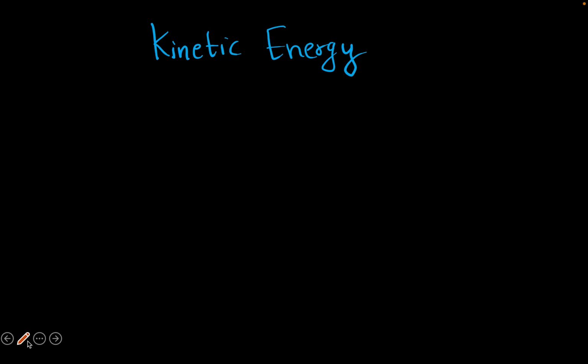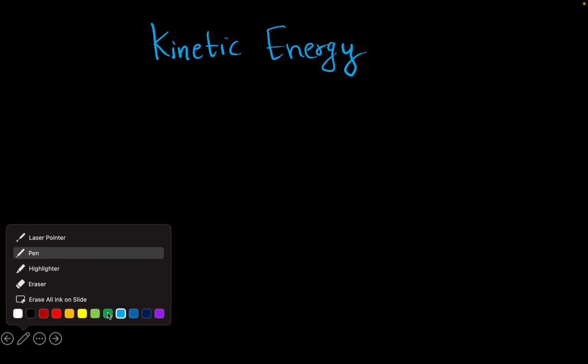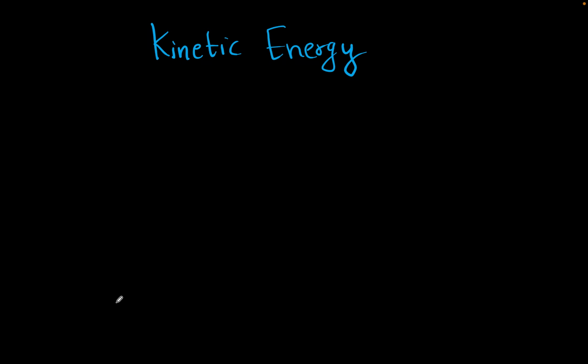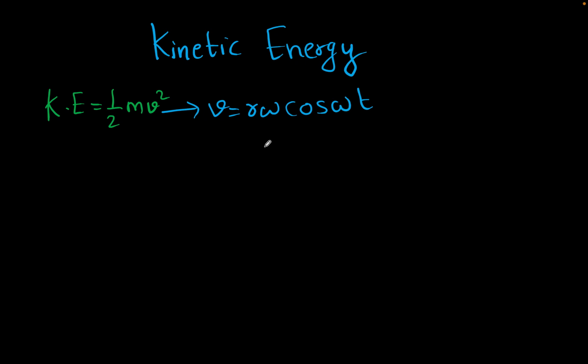To derive the equation for kinetic energy, we need to go way back to when we learned kinetic energy. We know that kinetic energy is half of mass times velocity squared, and for velocity we know that the velocity of a simple pendulum is r omega cos omega t, that is omega root of r square minus y square.